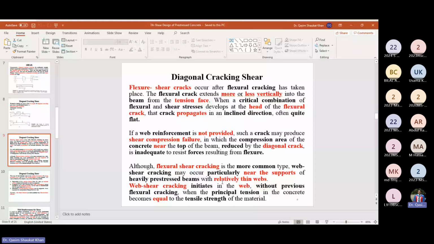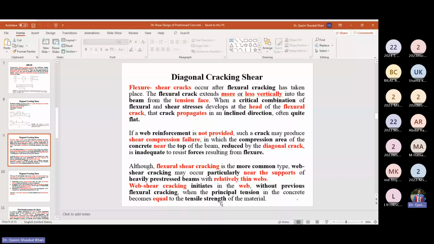Web shear cracking initiates in the web without previous flexure cracking, when the principal tension in the concrete becomes equal to the tensile strength of the material. Of course, when the stresses become greater than the strength, the cracking will initiate.